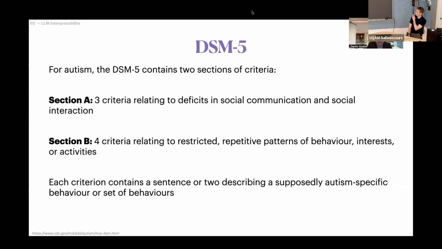Briefly, what's important for the interpretation is that we have two big clusters in the DSM system for the diagnosis of autism. And the most important take-home message is that the A section has this classical strong focus on social impairments, which has a big emphasis on how we study, diagnose, and treat autism until today. Whereas this B section also contributes to the diagnosis, but has a much weaker emphasis.